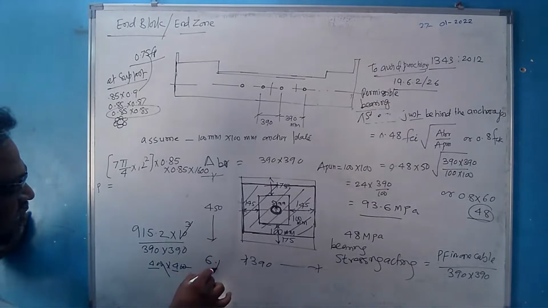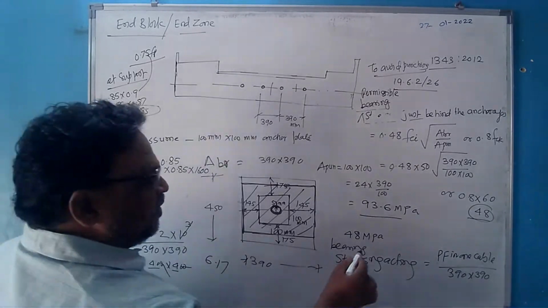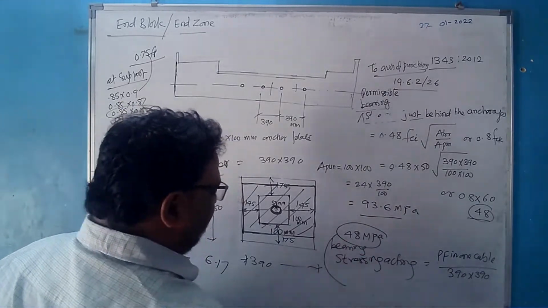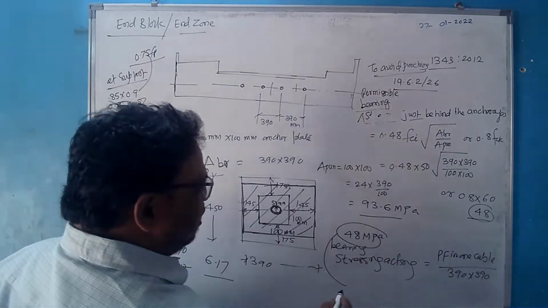How much? 6.17. So the permissible are 48, whereas the actual stress is acting at 6.17.